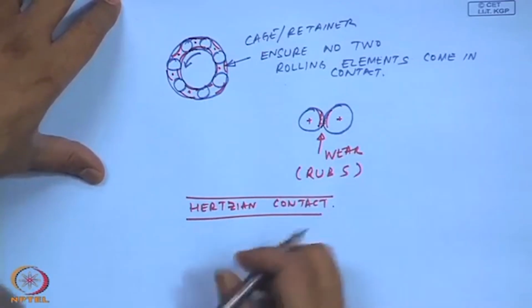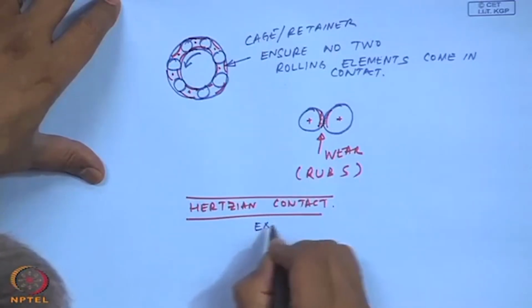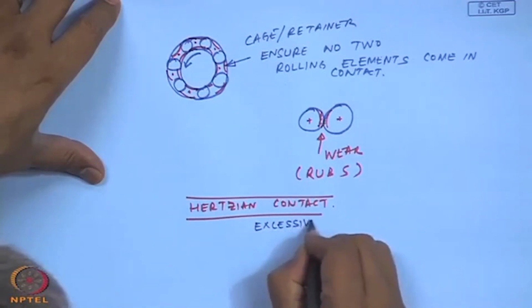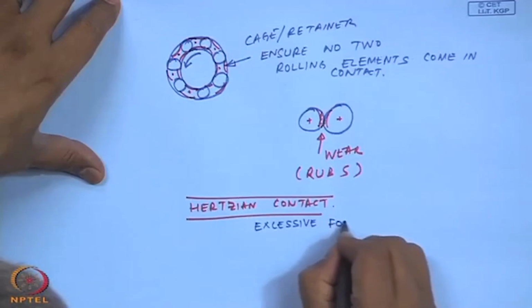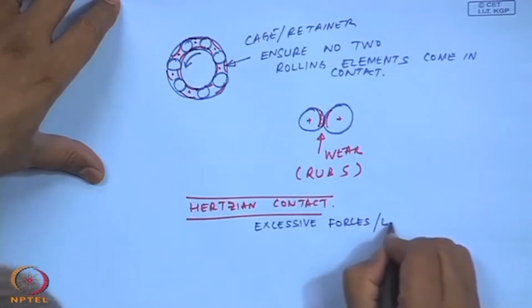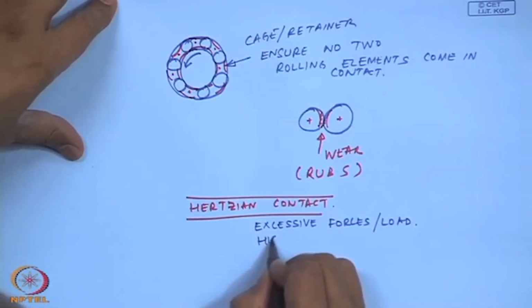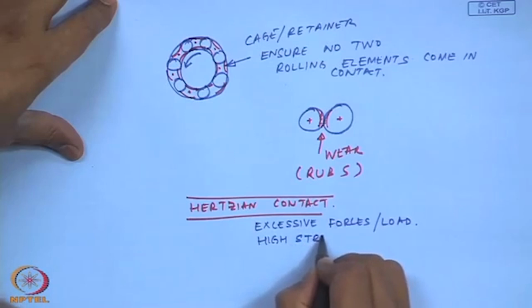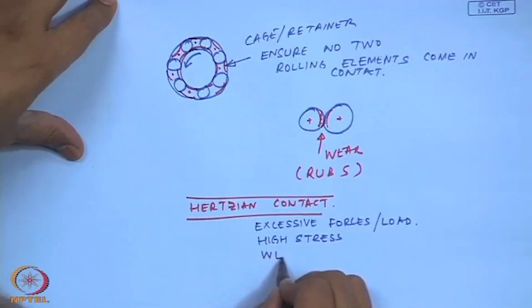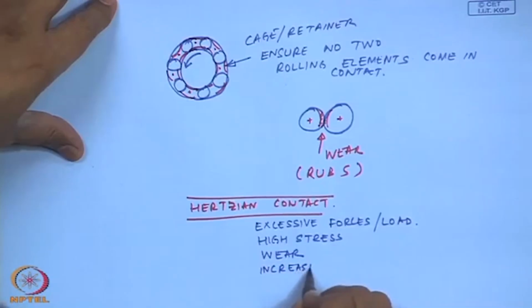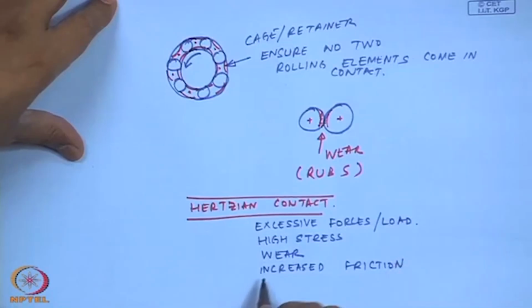Because of Hertzian contact, stresses would be developed, and again the same phenomena will occur. Because of this, there will be excessive forces, load, there will be high stress, there will be wear, increased friction, and then there will of course be noise, kind of a streaking noise.